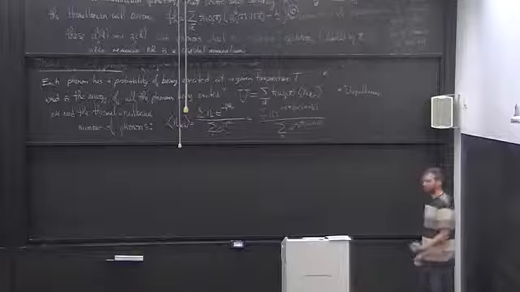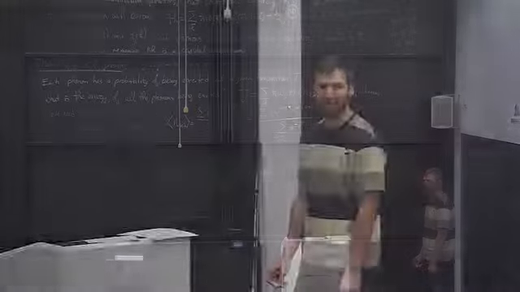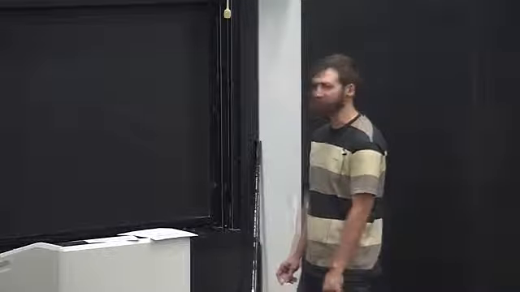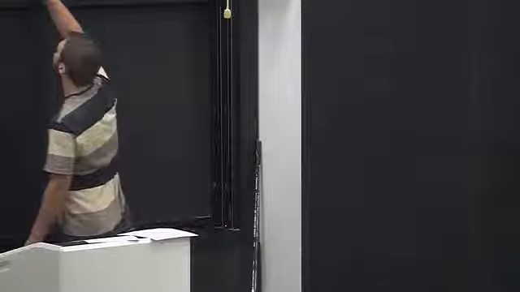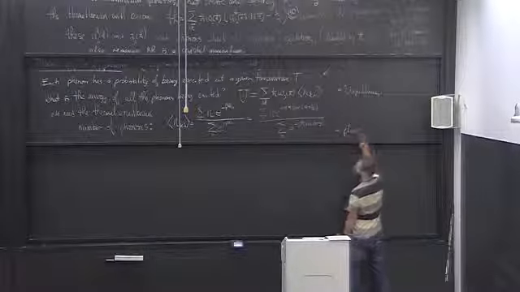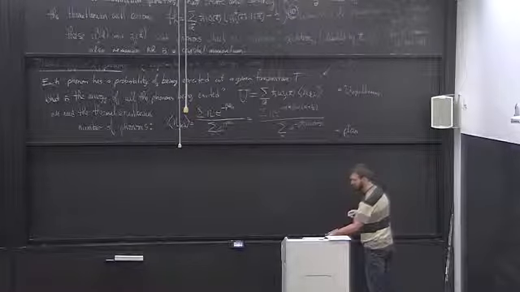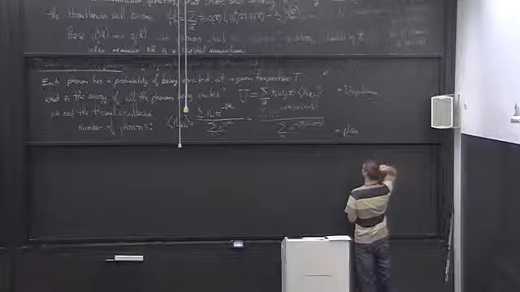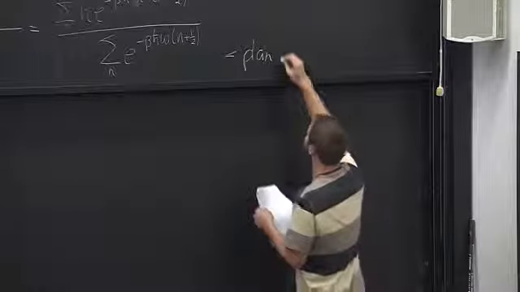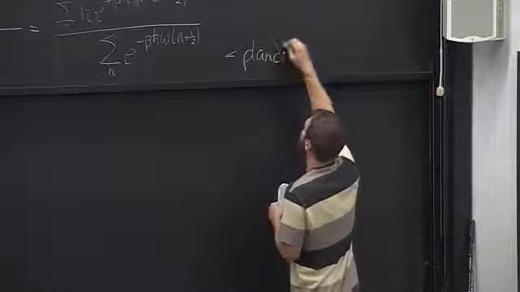These are bosons. It's like the Planck distribution. There's no chemical potential yet. I'll talk about that. Which gives you the Bose-Einstein distribution, but this is just Planck.